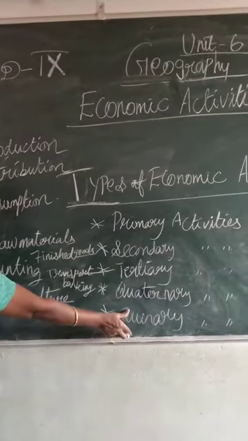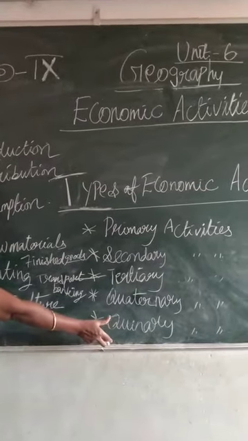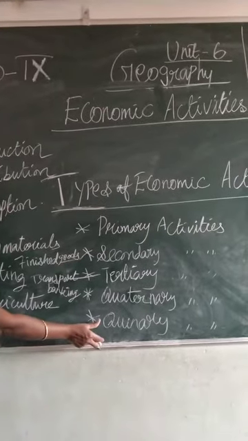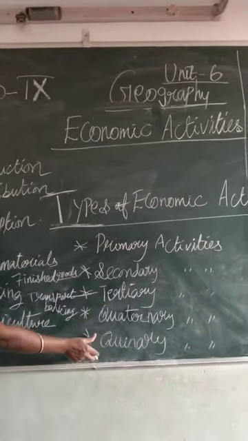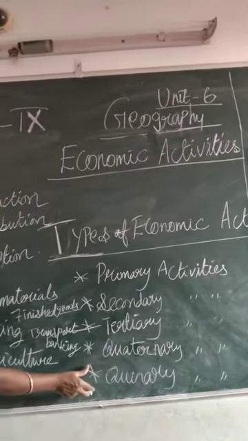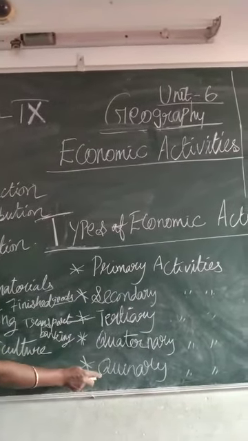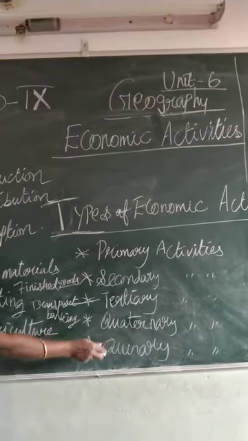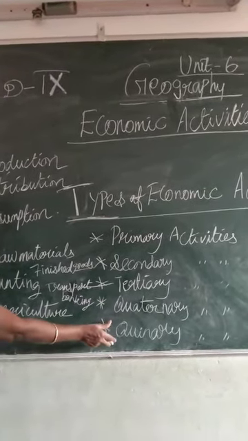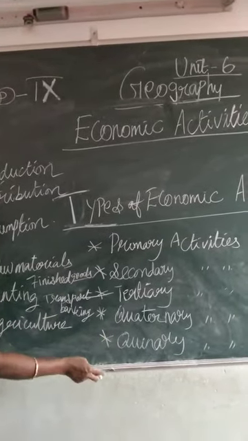Next, quinary activities. The activities that focus on the creation, rearrangement and interpretation of new and existing ideas are called quinary activities. Students, a very important one. It includes the highest level of decision making in a society or economy.